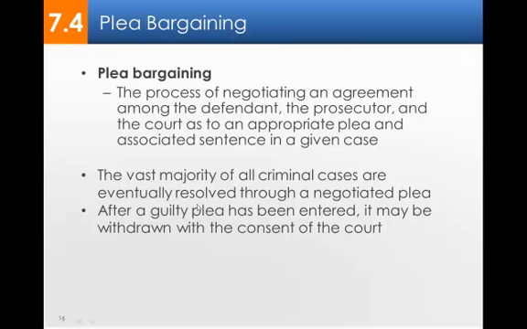Now, plea bargaining is so common. In fact, 90% of the felony cases in America do not go to trial. So we go on and on about our right to a trial by jury, but we waive it most of the time.